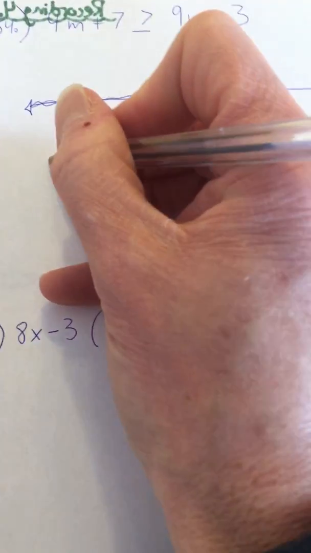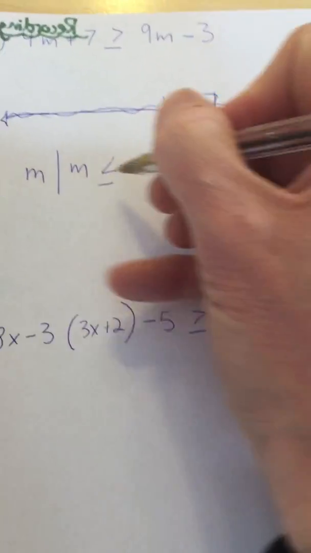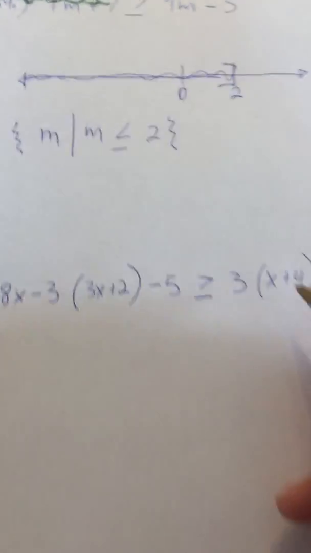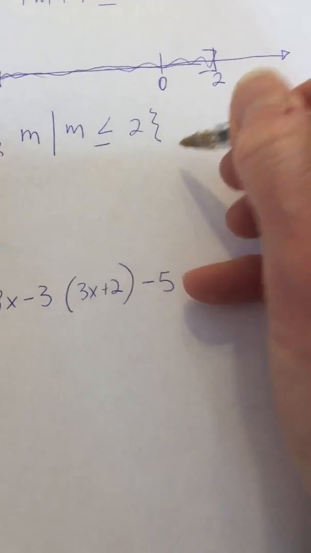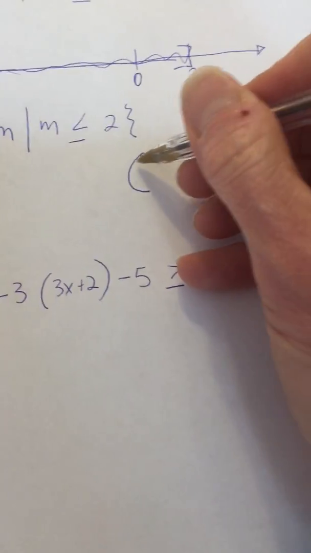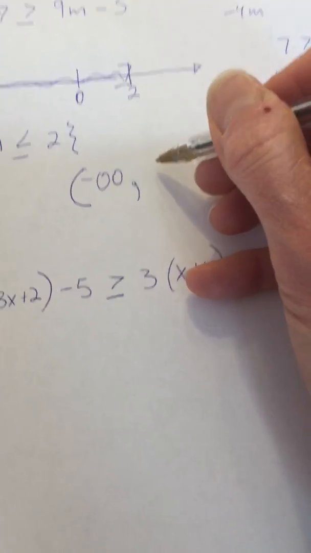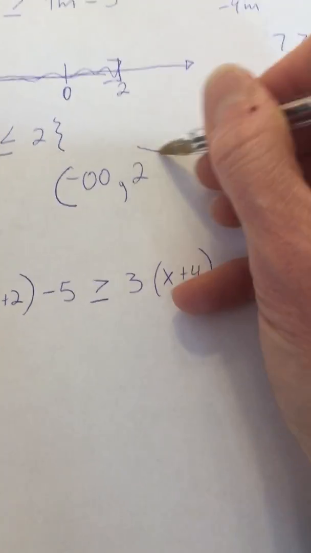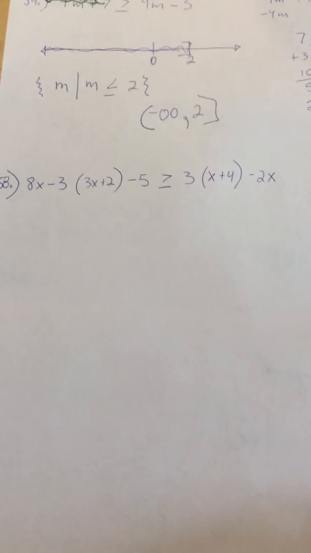And here is the set builder notation, like that, with 2, and I need my little squigglies over here. The other way to think about it is with the bracket. You're going to start at negative infinity, comma, positive 2, that's not negative 2, that's positive 2 with the bracket. So that's problem 54.